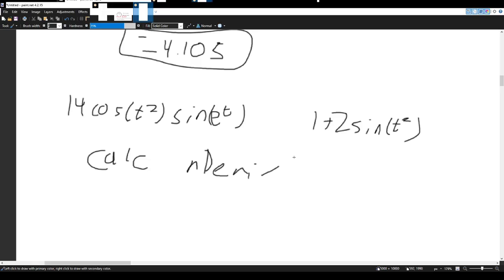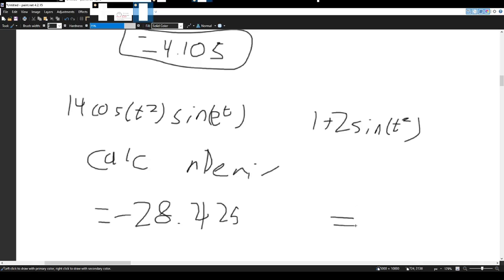I'm just going to write in 14 cosine x squared times sine e to the x, and then I'm just going to say x equals 1. See what this gives me. Negative 28.425.